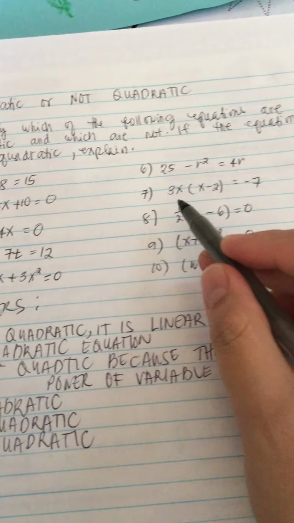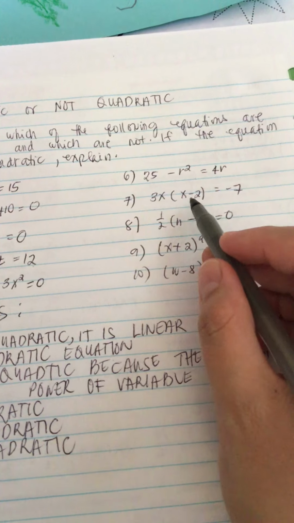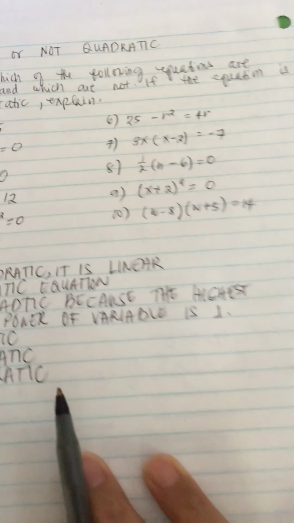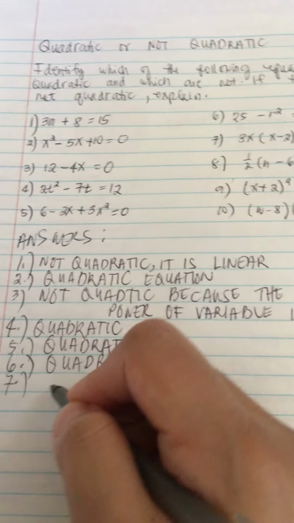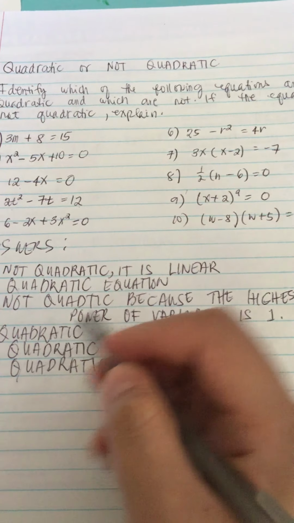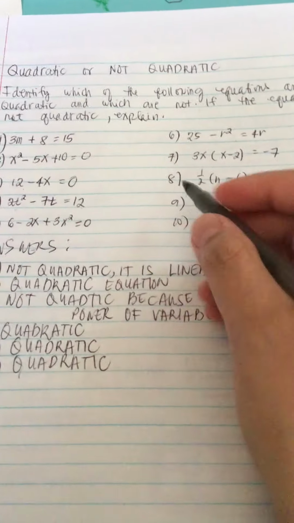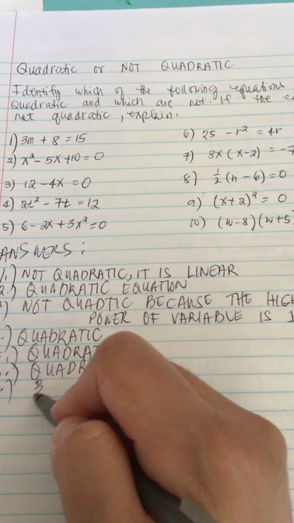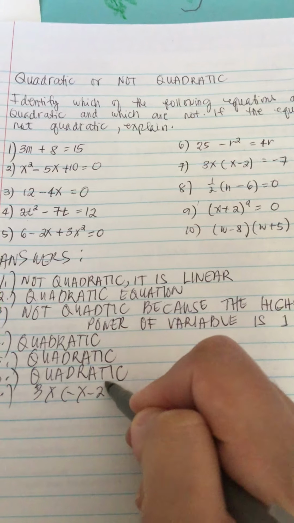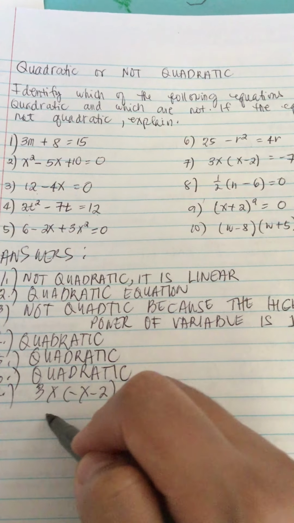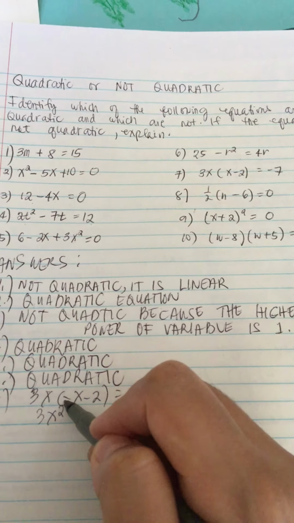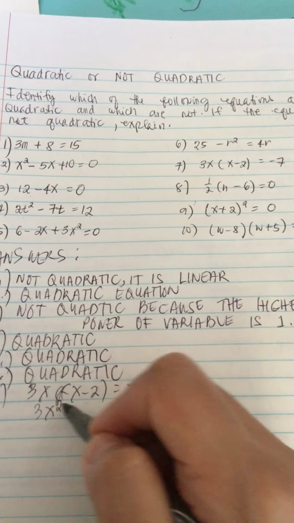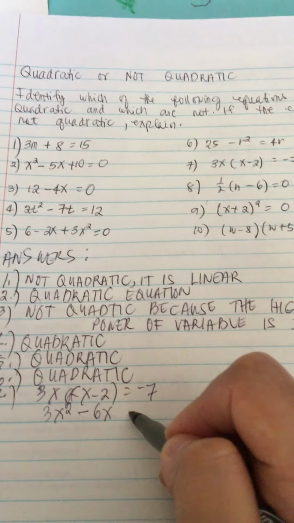Then number 7, 3x times x minus 2 is equal to minus 7. This is a quadratic kasi kapag i-multiply natin ang 3x by x minus 2 is equal to minus 7, kapag distribute natin ito, magiging 3x squared minus 6x is equal to minus 7.